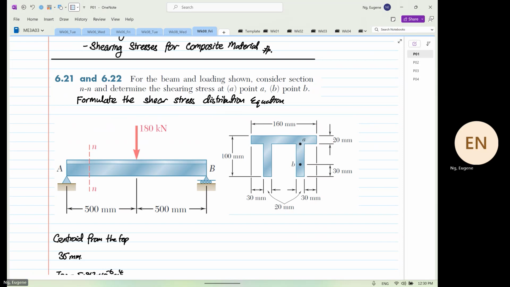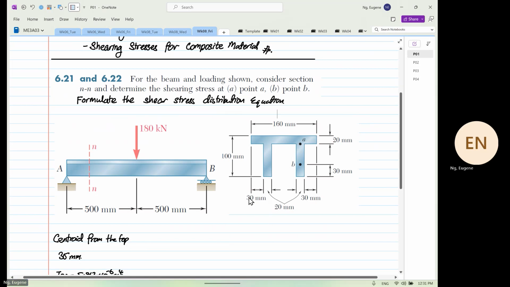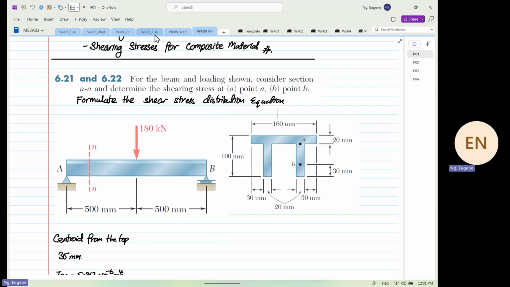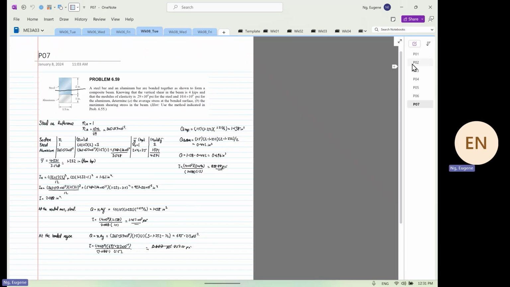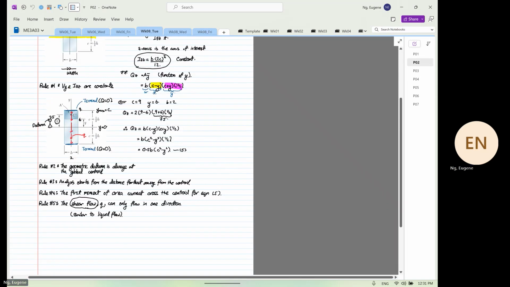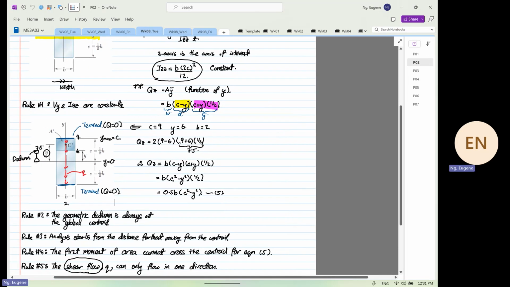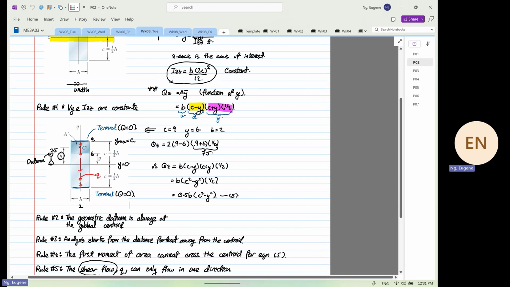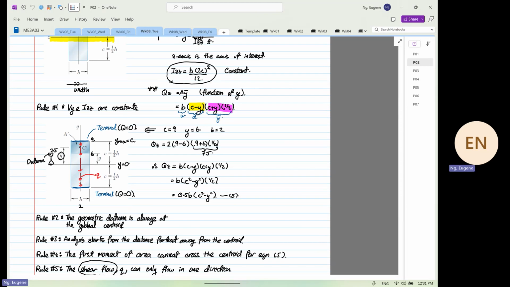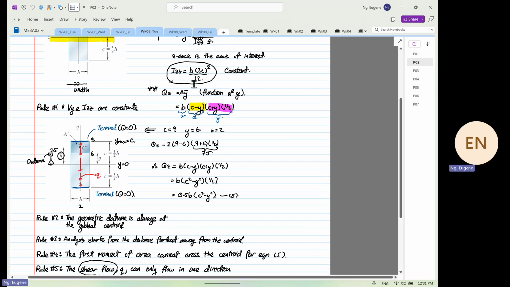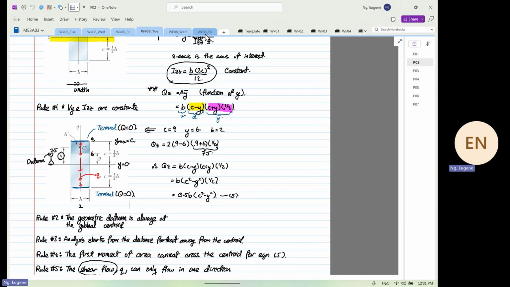So what we are going to do is apply what we learned on Tuesday. What we learned on Tuesday is we have this set of formulas, and we are going to apply what we learned to derive the shear stress equation. So it's related to our Tuesday's lecture. We're going to apply it to an actual problem like this.